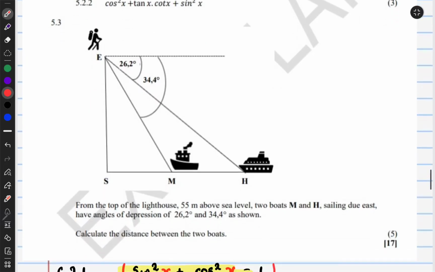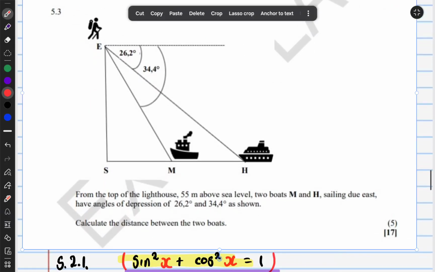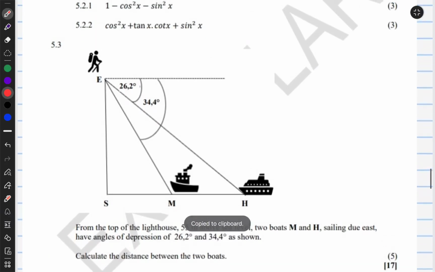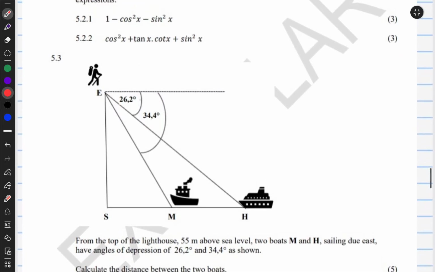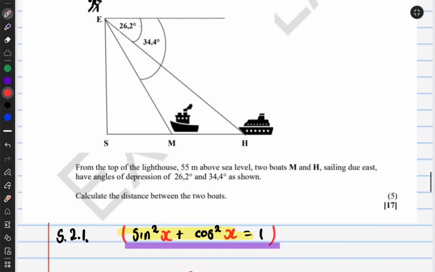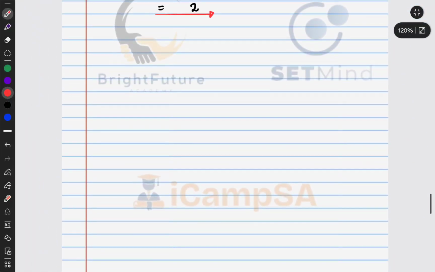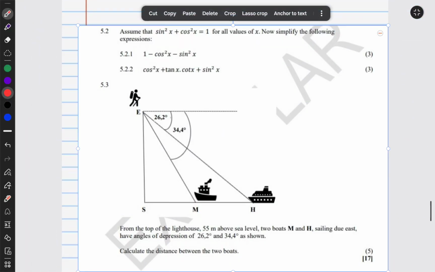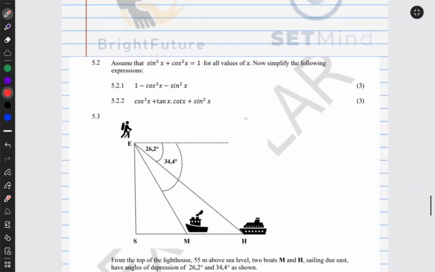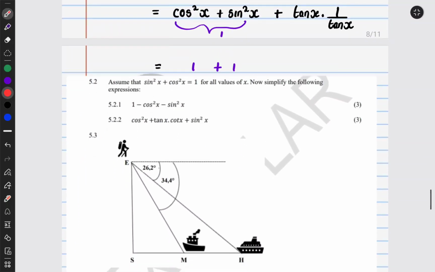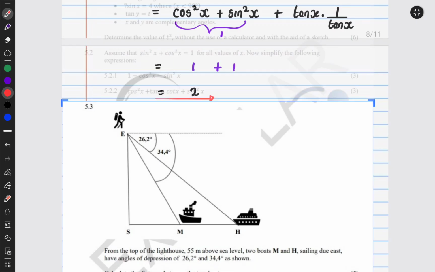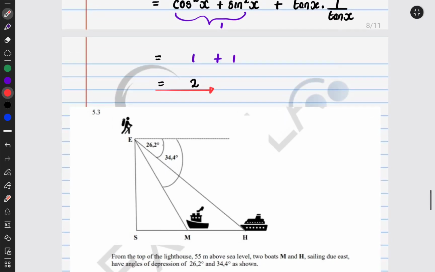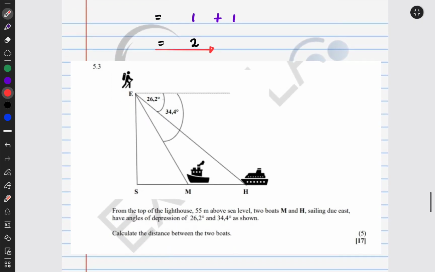And then 5.3. We are dealing with angles of elevation and angles of depression. Specifically, these are angles of depression that we have there. And remember that the angles of depression are equal to the angles of elevation, alternating angles.